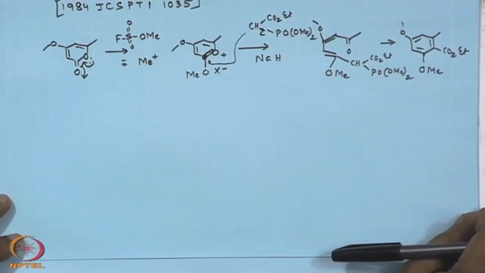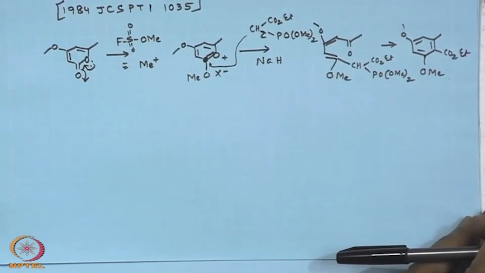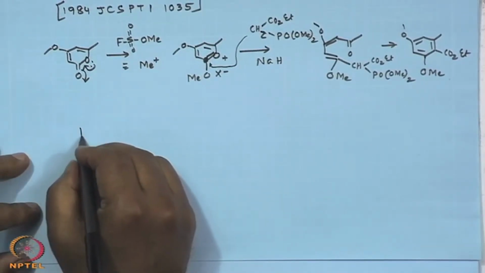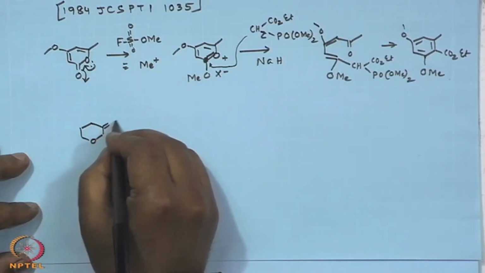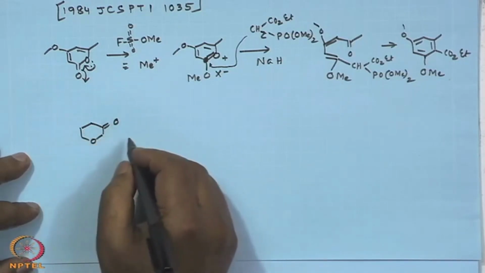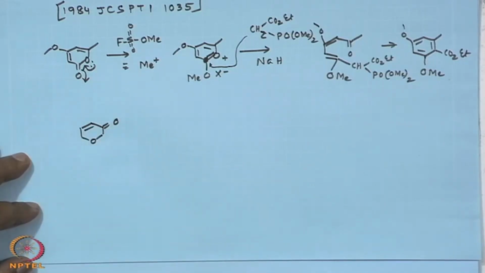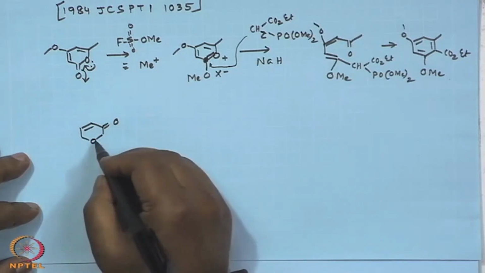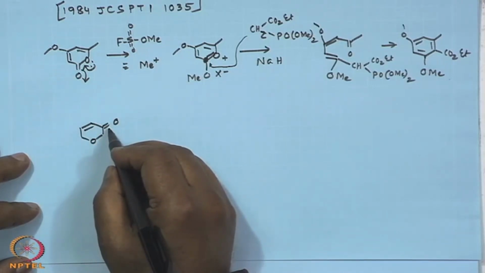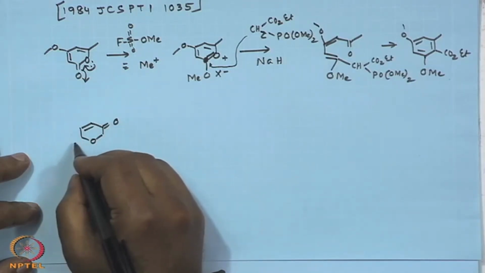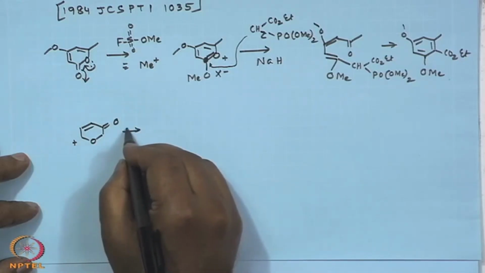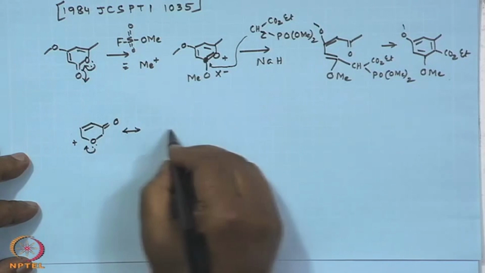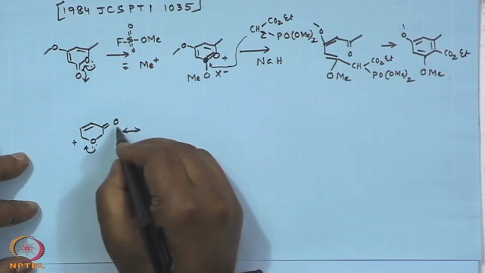Now the situation is if you have a 3-pyrrole system, and what I am talking about is something like this. So, basically with respect to oxygen and keto it is the 3 position. Now, if you have a cation of this kind, for example in this case, we can see that you will have a nice resonating structure.